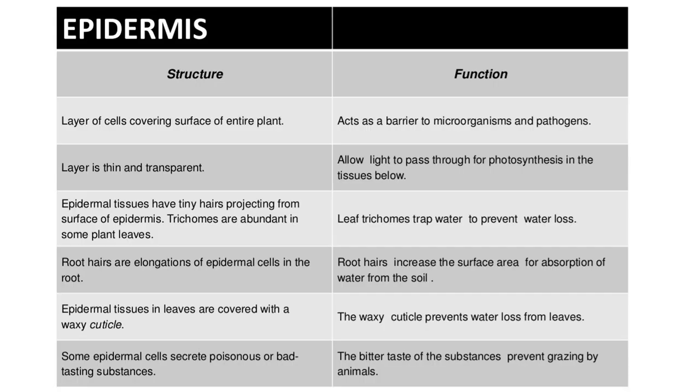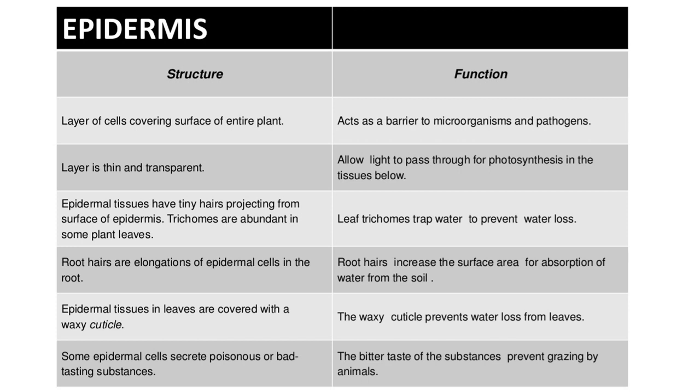Now let's talk about how the structure of epidermis helps it to perform various functions. For example, it is the layer of cells covering the plant surface, as I have told you. So it acts as a barrier to microorganisms and other pathogens.